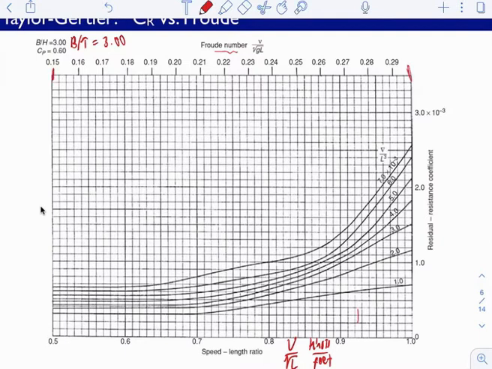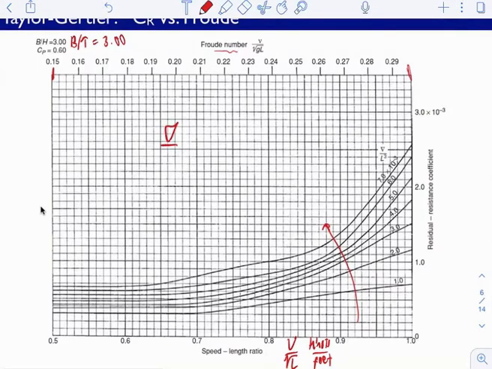And what you're seeing here is varying what are called volumetric coefficients. So you have nabla over L cubed. We looked earlier at the slenderness ratio, which is L over nabla to the 1/3. This is also sometimes called the length displacement ratio.